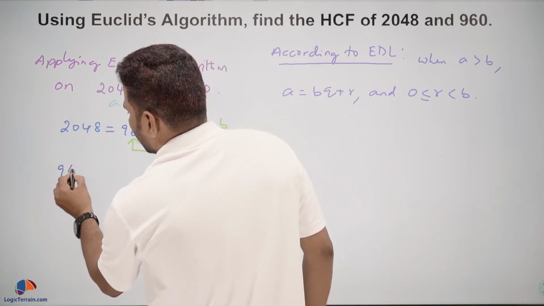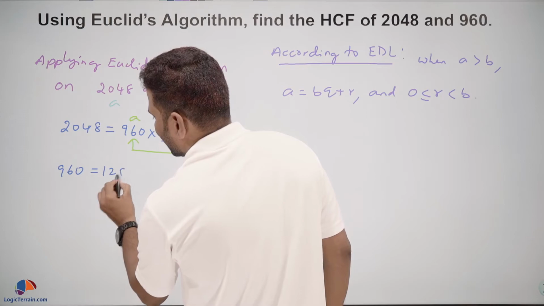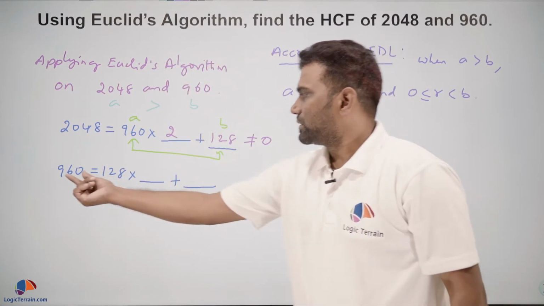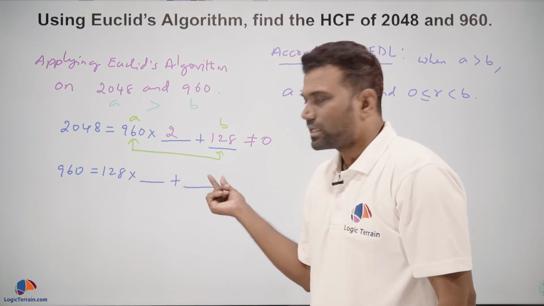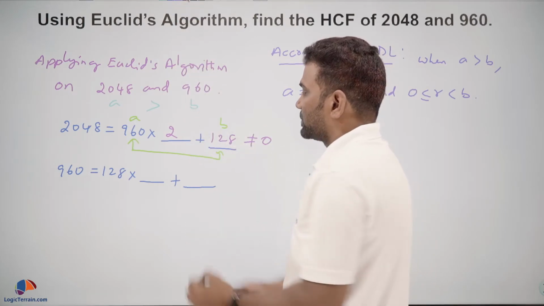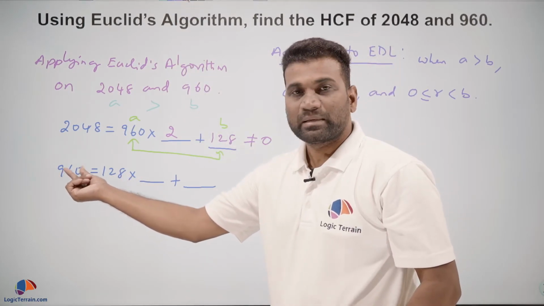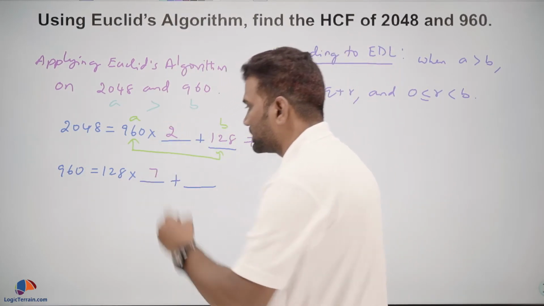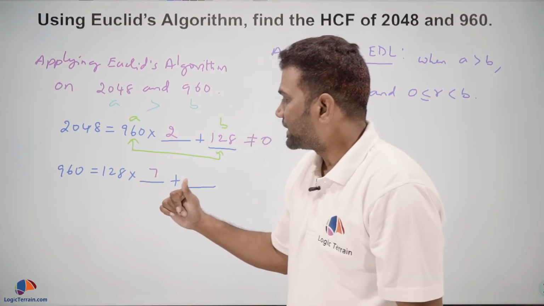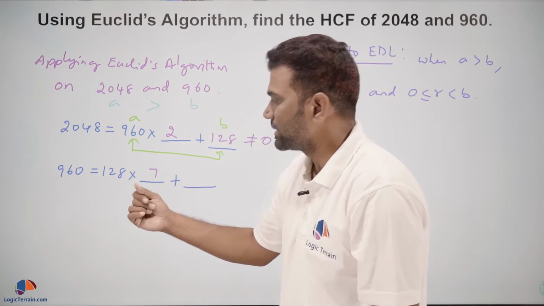So 960 is equal to 128 into dash plus dash. A equals BQ plus R. We need to find Q and R. So 128, how many times will it divide? 7 times. 7 into 128 is 896.